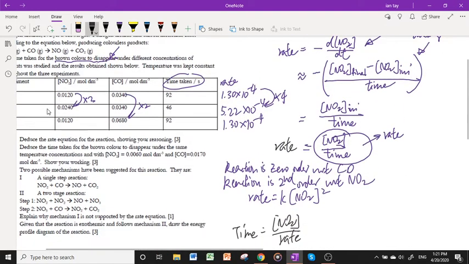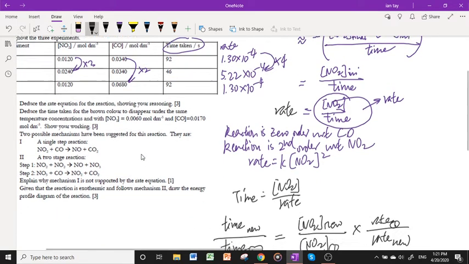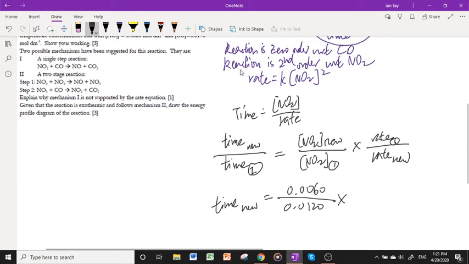So we are dividing the concentration of NO2 by 2, so the rate decreases by 1/4, so it's basically 1 over 1/4, which is 4, and then times the time taken in experiment 1, which we know to be 92 seconds, and this will give us the new timing, which is 184 seconds.